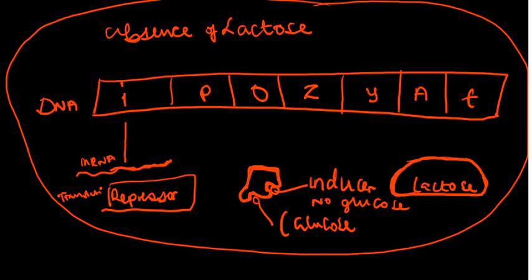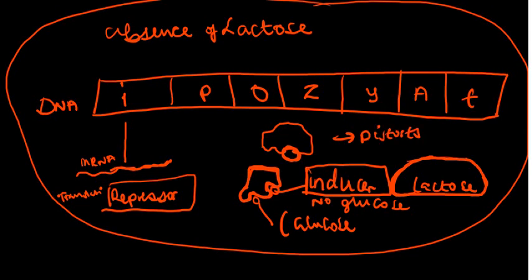All right, so when lactose is present, it means it's an inducer. It can turn on the system. So lactose goes to bind on the inducer site on the repressor molecule. Because this repressor molecule has two active sites, when lactose binds here, it distorts the shape.